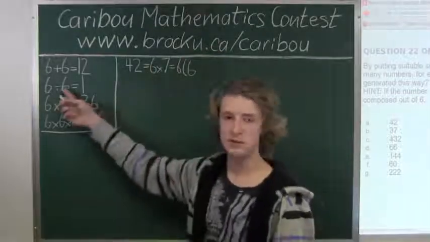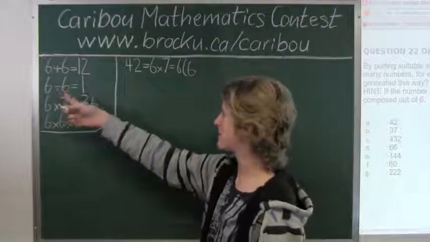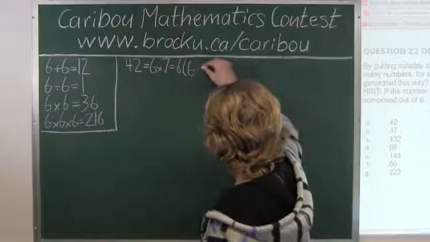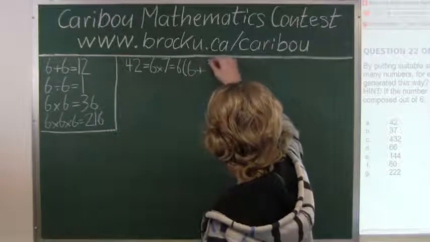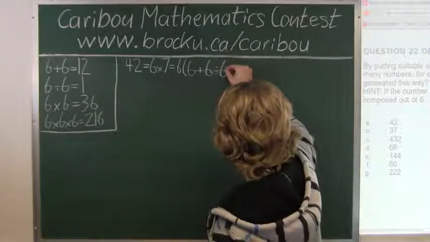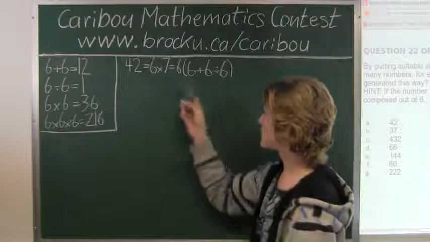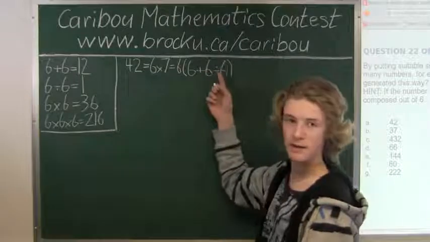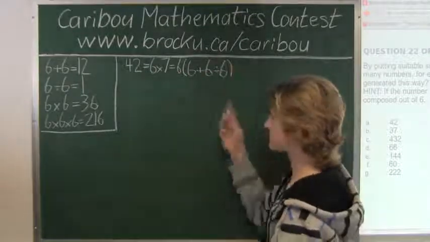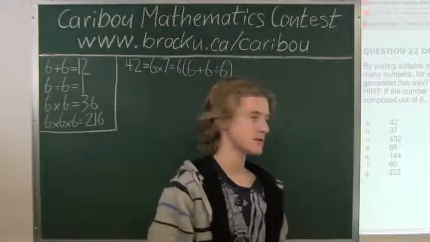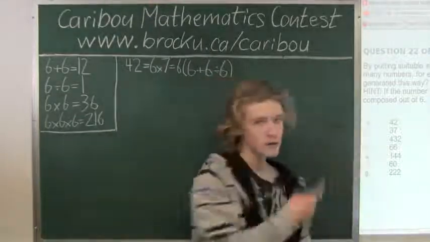And 1, we just use our building block here, which is 6 divided by 6. So we have 6 plus 6 divided by 6 is 6 plus 1 in brackets is 6 times 7 is 42. So this works.